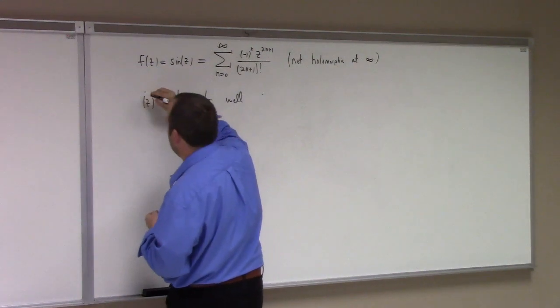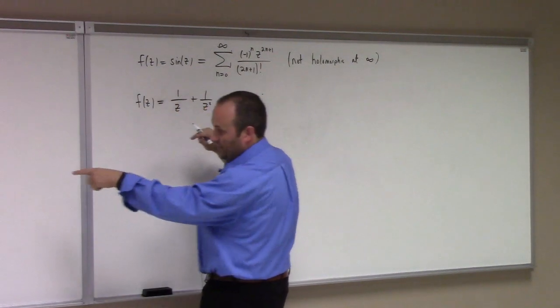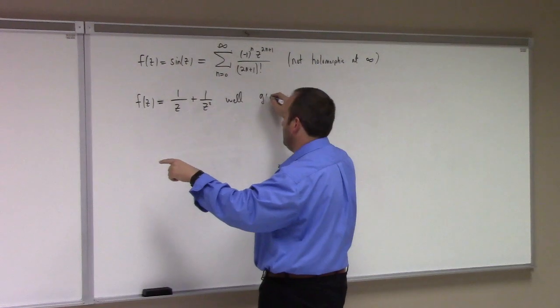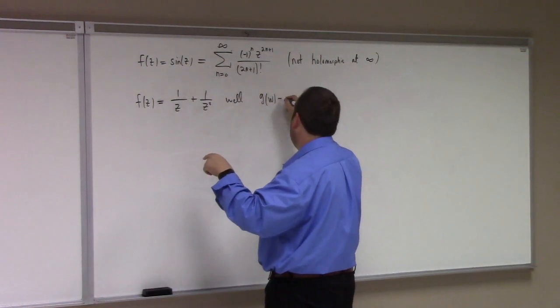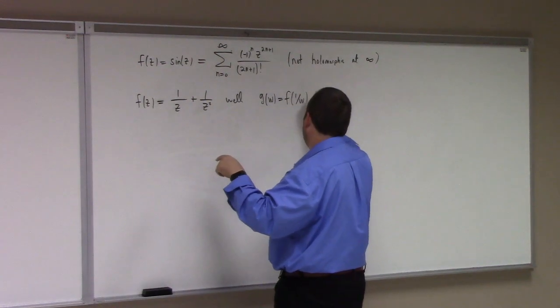Let me call this f so that I'm in concert with my language over here. g of w equals f of 1 over w is what?